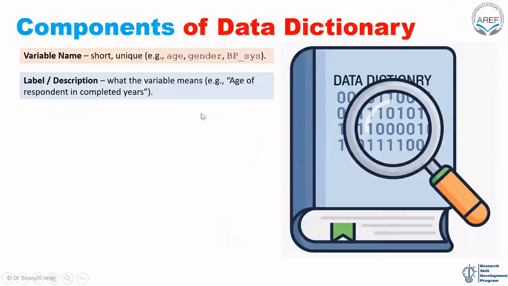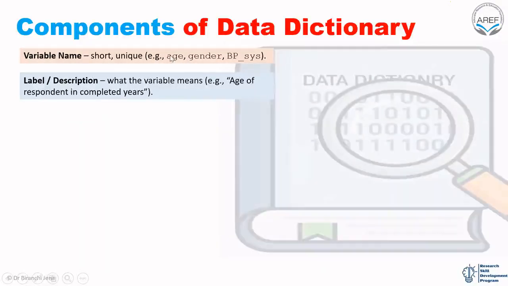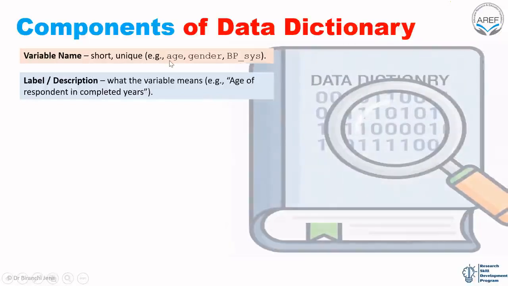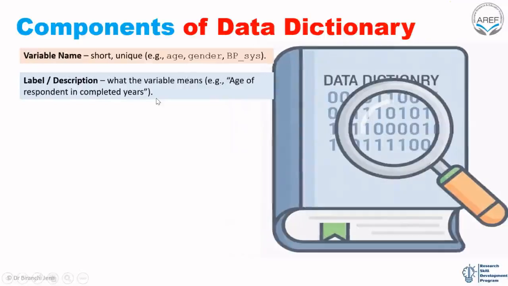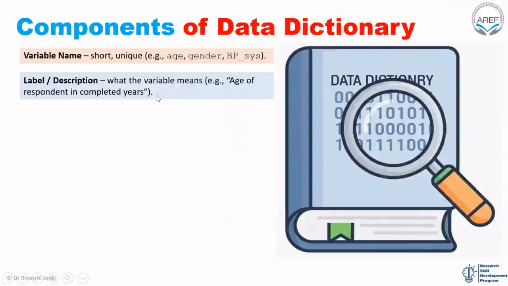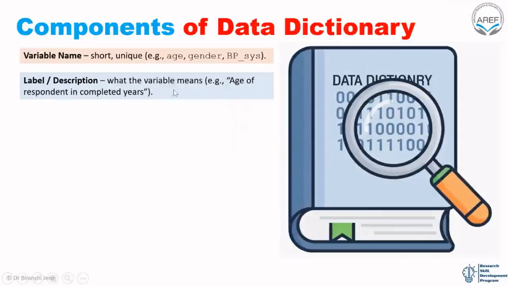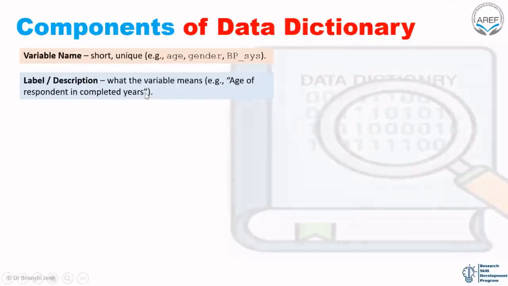Now, for example, one variable you have included in the variable list is age. Now, you have to define in the second component what age means in your research. If we have to define that in our data dictionary, we may write age of the respondent in completed years.